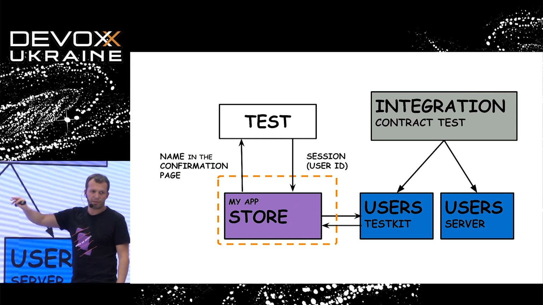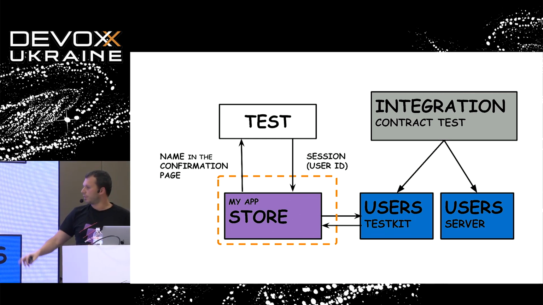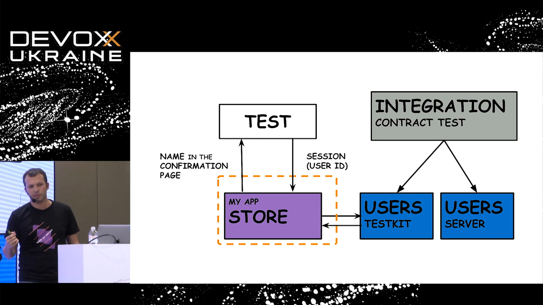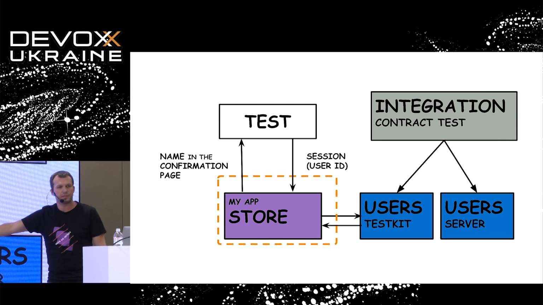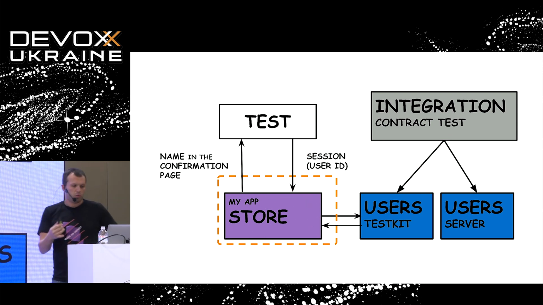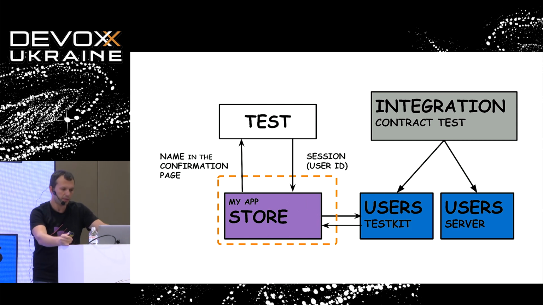When the store application runs their tests, they want to be sure that if it works in test, it will work in production. And they can be sure that it will work in production because they know that we have this integration contract test. So there is really high confidence here that if it works in tests, it also works in production. And that's the key point here.